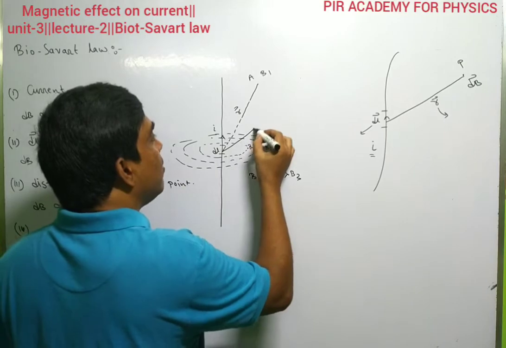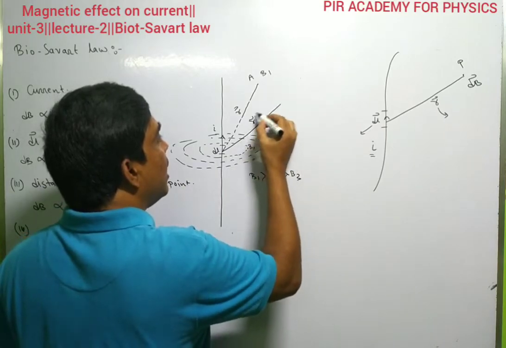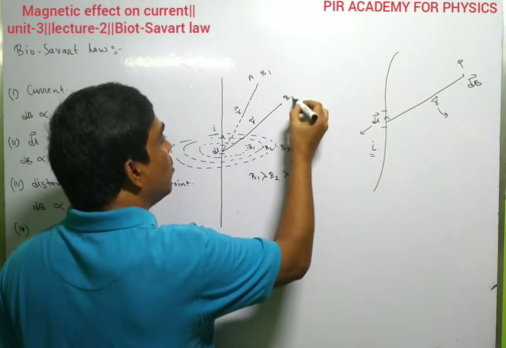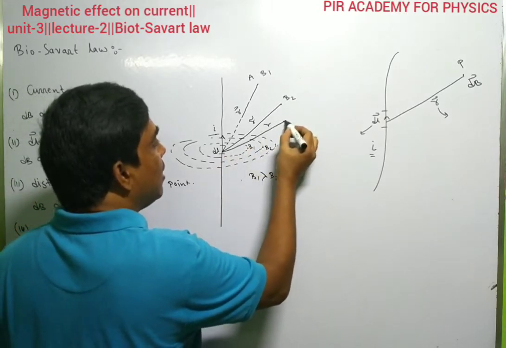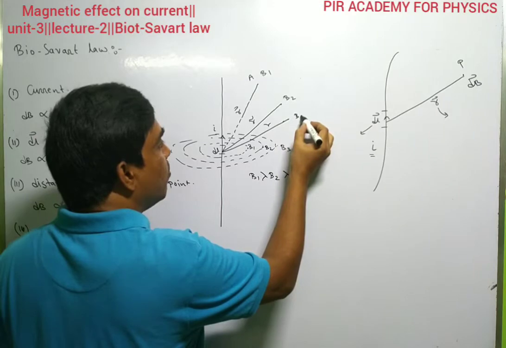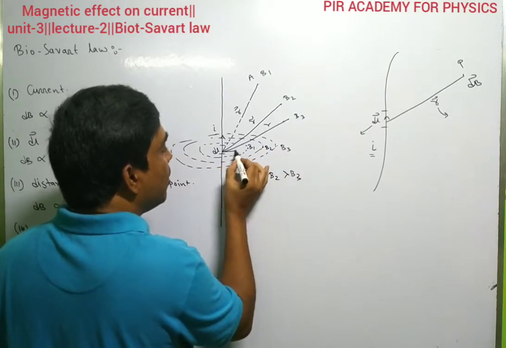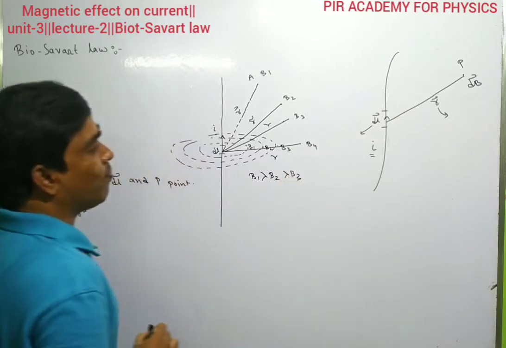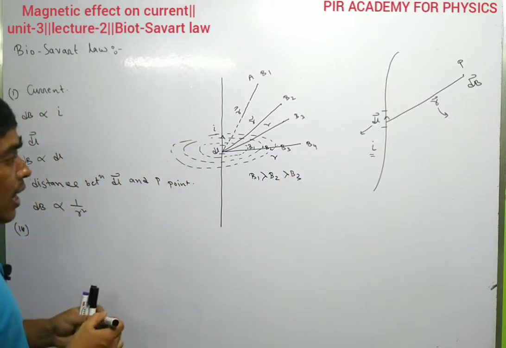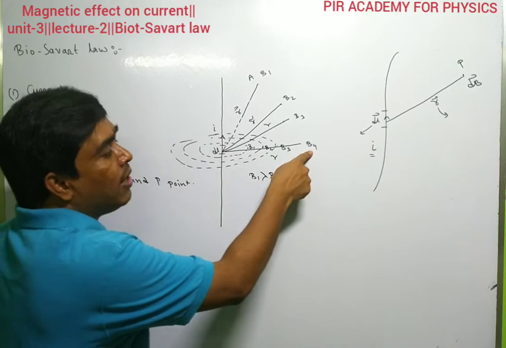If I take the same length r here, this is magnetic field B2. At this point with the same length r, the magnetic field is B3, and here it is B4. So at this point the magnetic field is maximum.